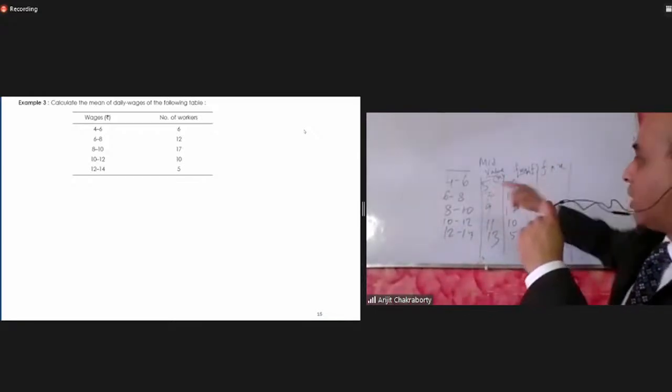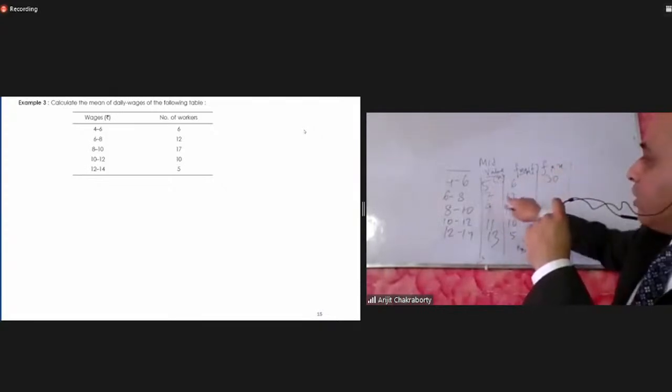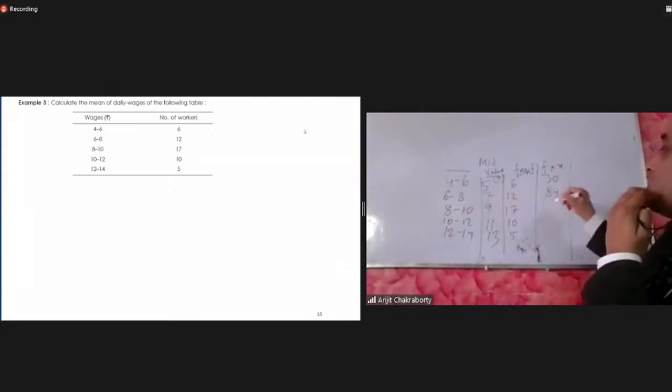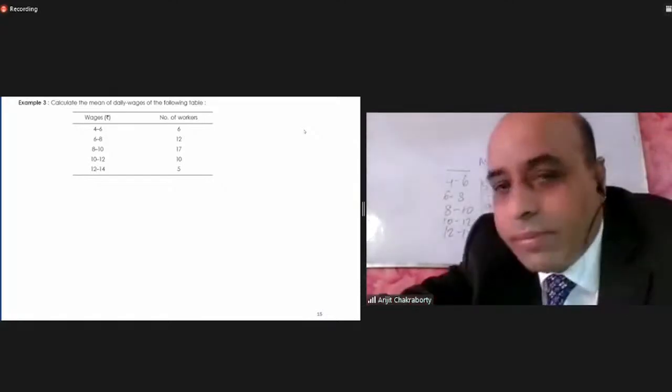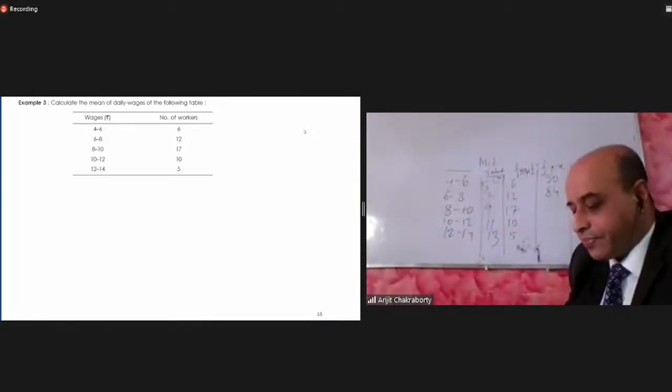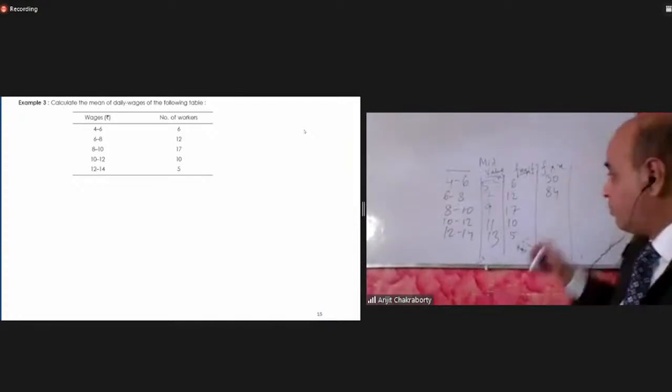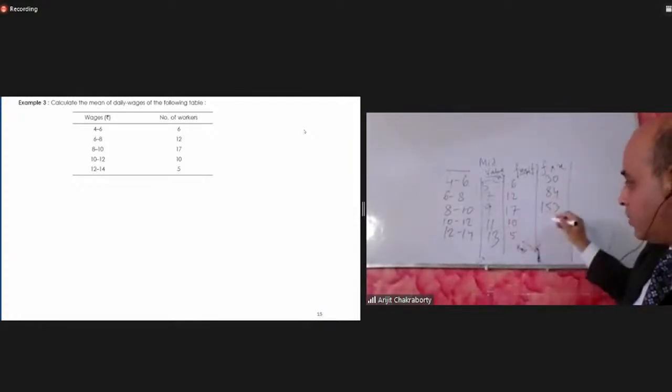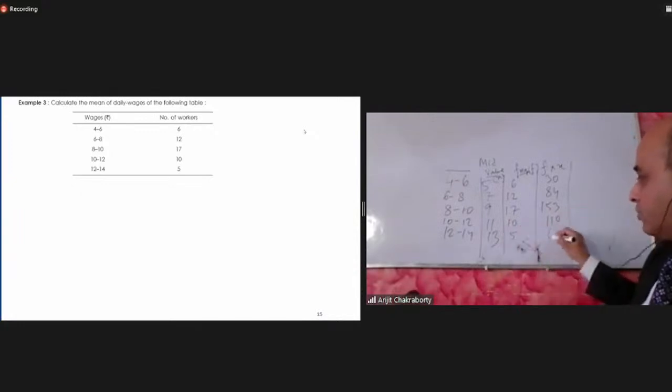So 6 into 5, I'm writing 30. 12 into 7, 12 sevens are 84. 17 into 9, let me work it out, it comes to 153. 11 into 10, 110. 13 into 5, 65.